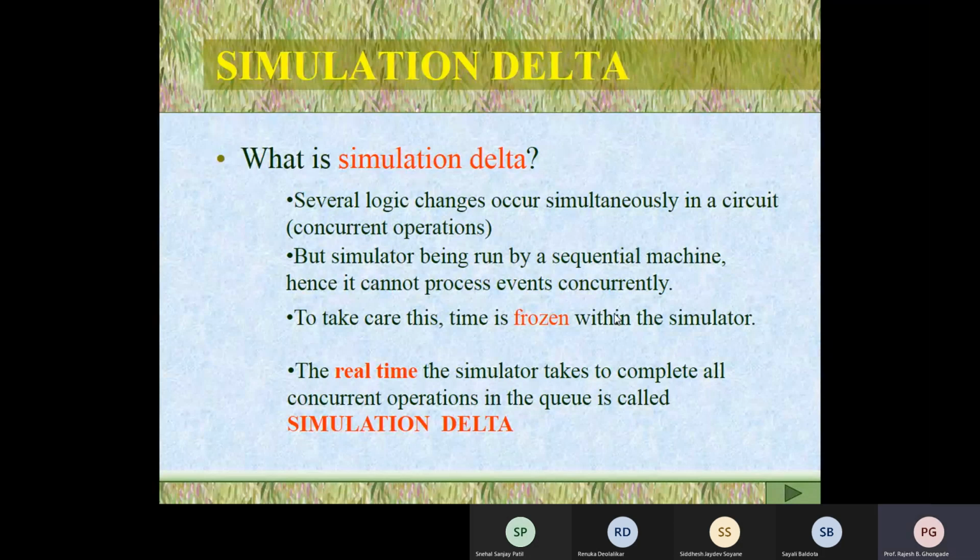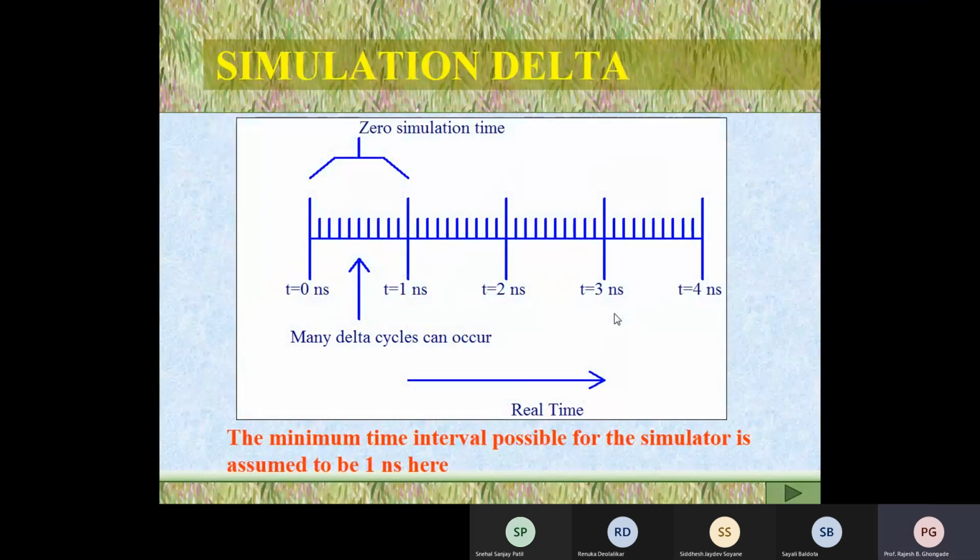So the real time the simulator takes to complete all such concurrent operations in the queue is called the simulation delta. This diagram will clarify more things. As you can see here, from 0 nanoseconds to 1 nanosecond, so many delta cycles will appear. Whatever is happening here in real time is considered to have happened at this instant of 1 nanosecond, and so on and so forth.